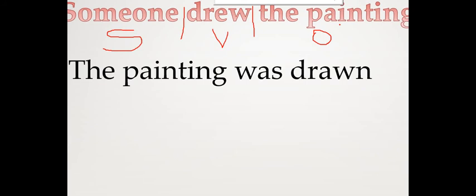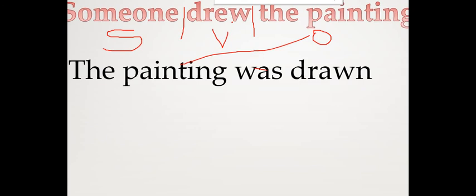The first rule, object goes to subject, so the painting goes to subject, the painting. The second rule, auxiliary verb, you have to be very careful to write this step because it has 2 things. The first one, we have to look drew, which is past tense.